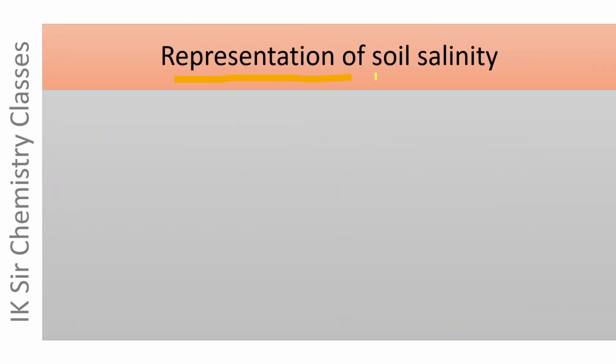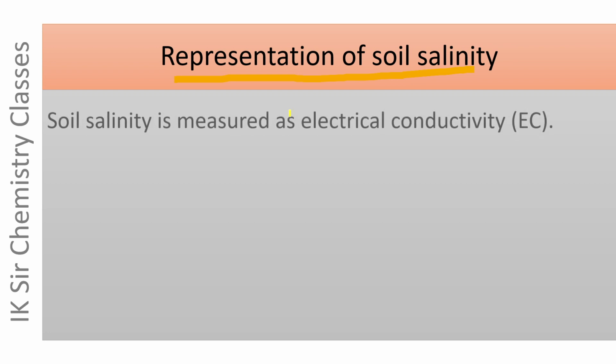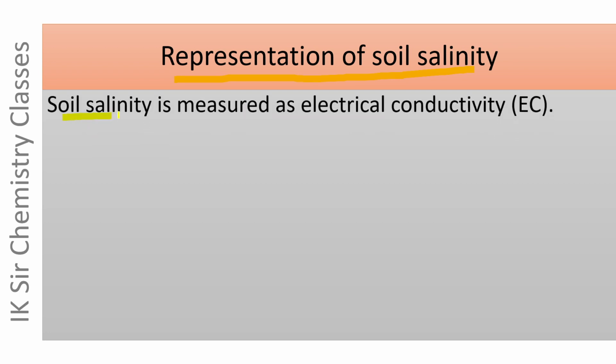Representation of soil salinity. Soil salinity is measured as electrical conductivity. Soil salinity is due to the presence of various types of salts in the soil, and we know that salts are electrical conductor.